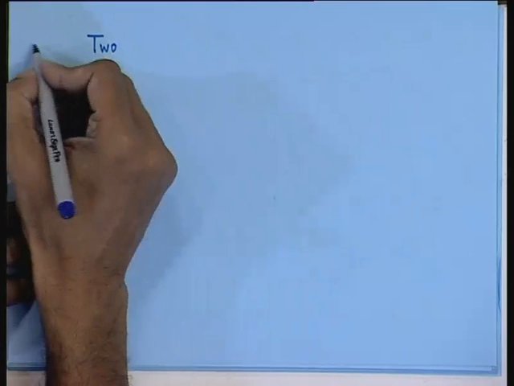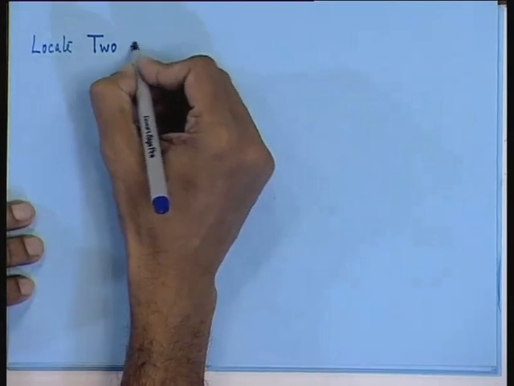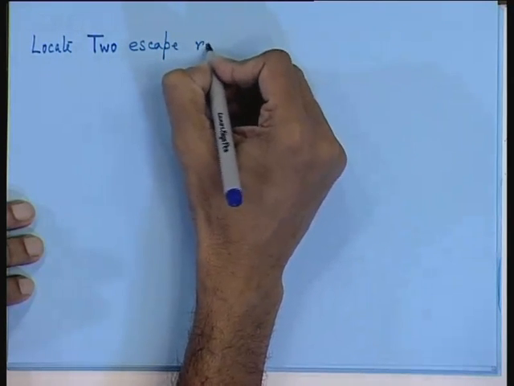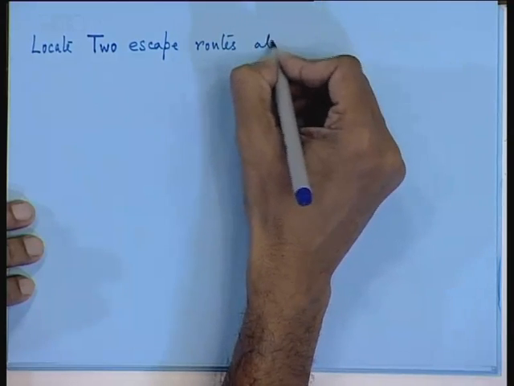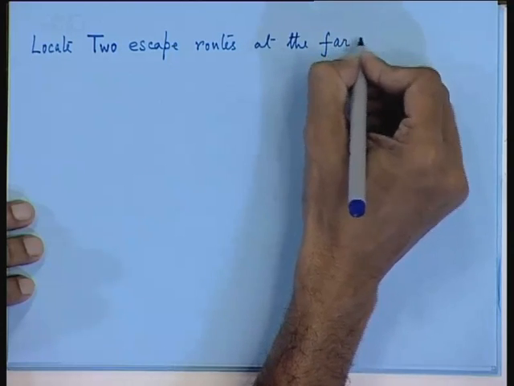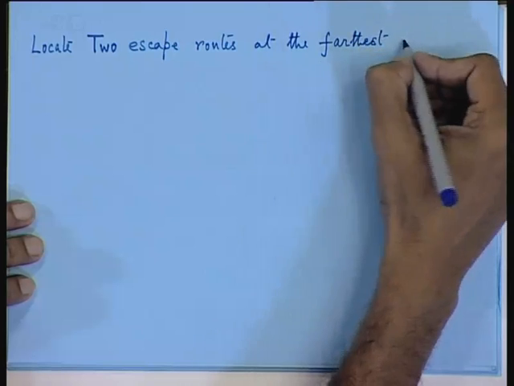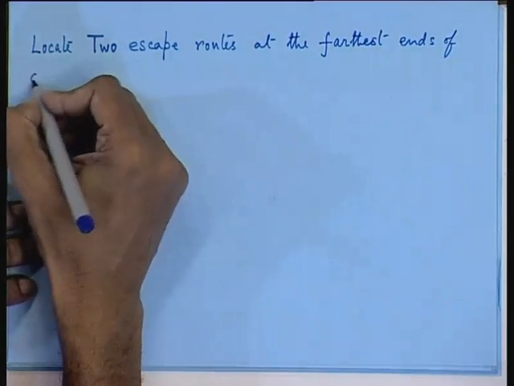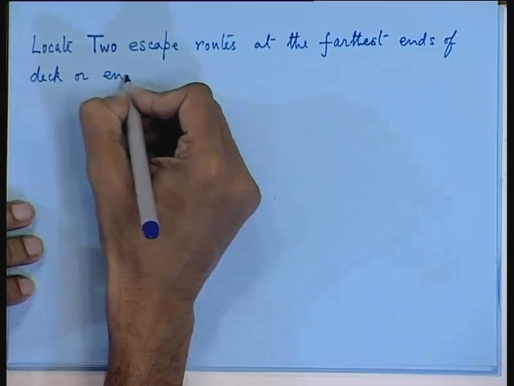You should locate two escape routes at the farthest ends of the deck or enclosed space.